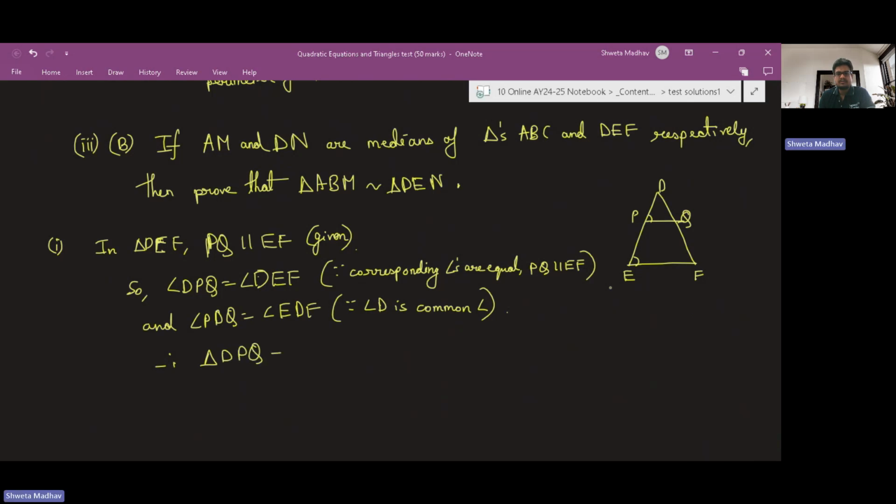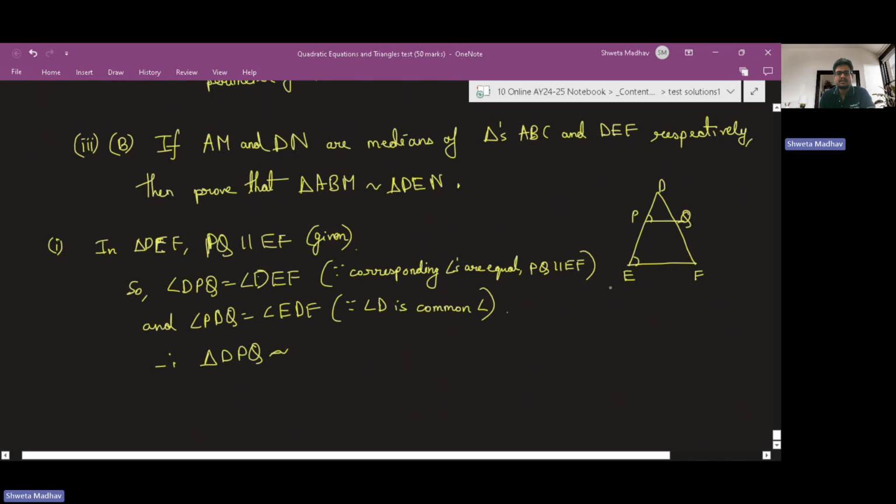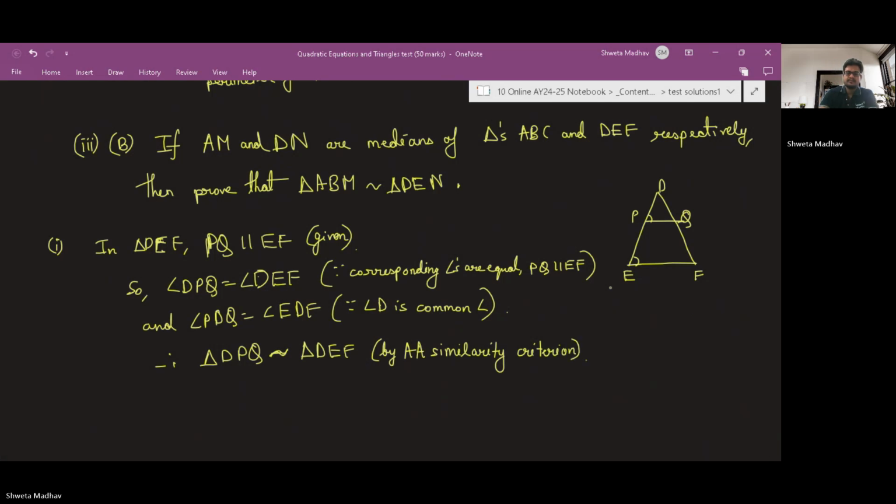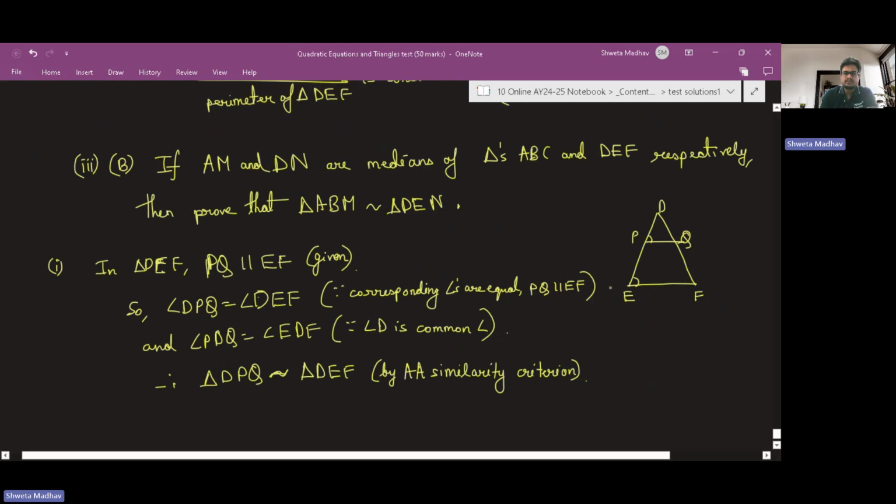Hence I can say that triangle DPQ is similar to triangle DEF by the AA similarity criterion. So hence the first part has been proved.